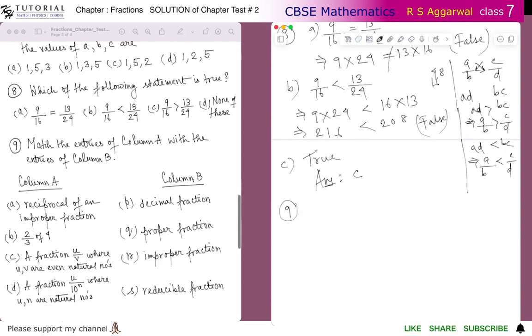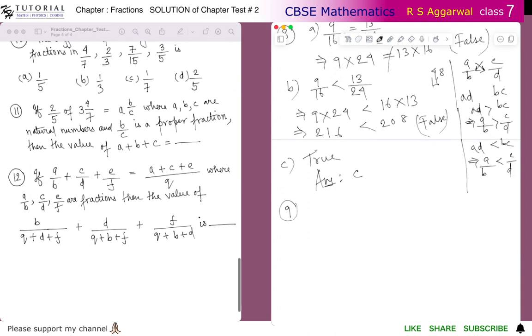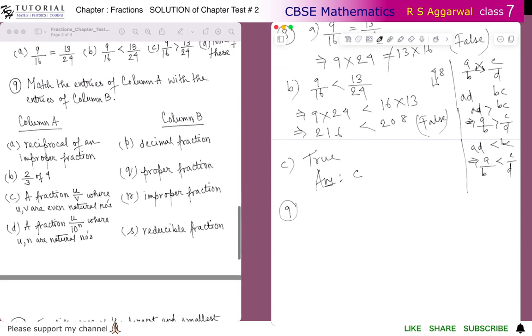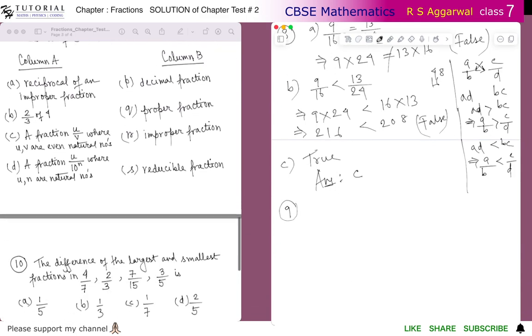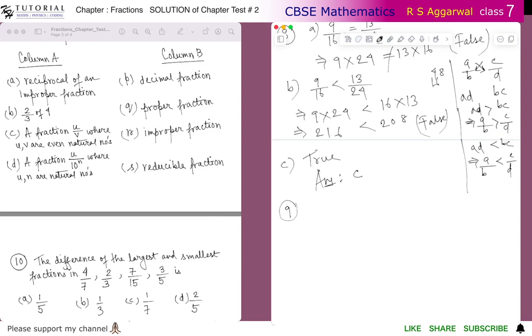Let's do the 9th. How many questions are left? Okay, 9th: match the entries of column A with the entries of column B. Reciprocal of an improper fraction. The reciprocal of an improper fraction is a proper fraction.